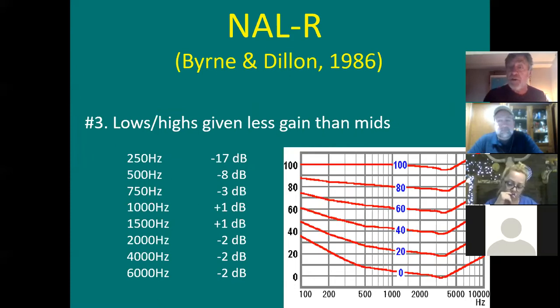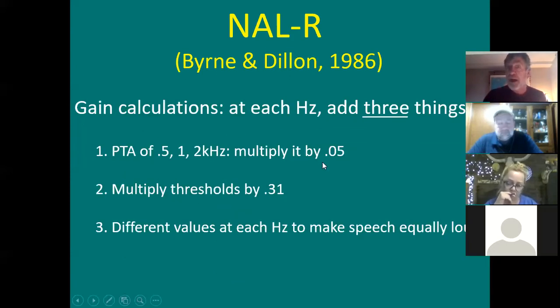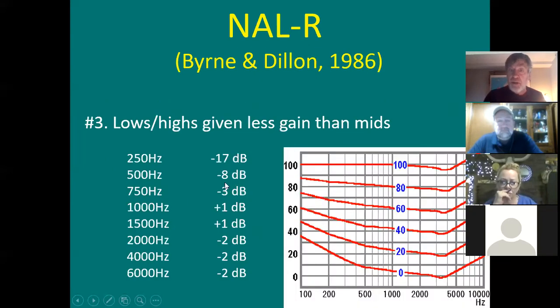Then they looked at 500 hertz. Took the pure tone average, the same pure tone average that you had multiplied by 0.05, so maybe it had 2, whatever that was. Then you took the threshold at 500 hertz, you multiplied that by 0.31, so you added 2 and whatever this worked out to be. And then you looked at this table and you subtracted 8. That's the target gain you wanted for 500 hertz.